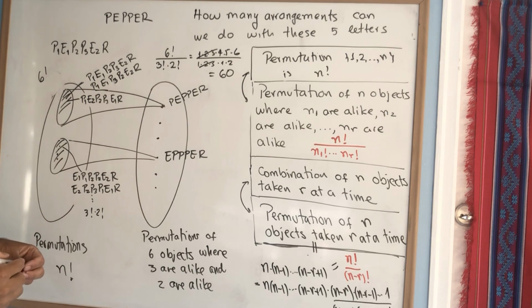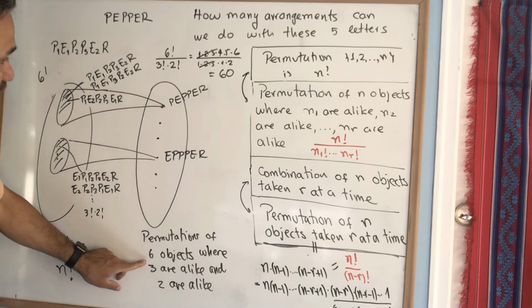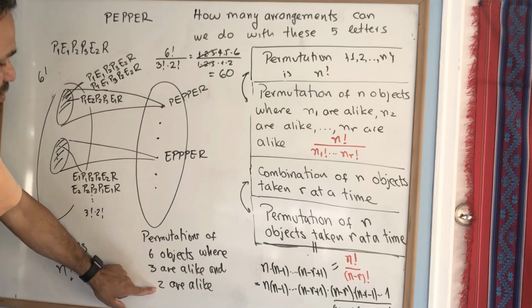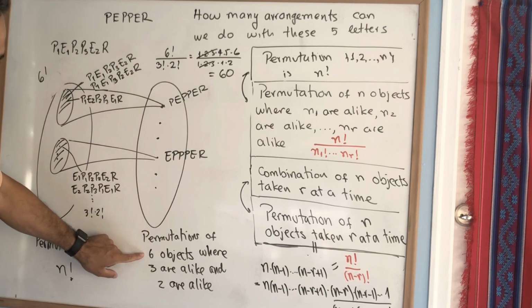In this case, as I said before, N1 is 3, N2 is 2, and N is 6.